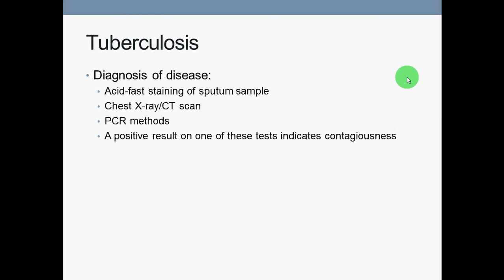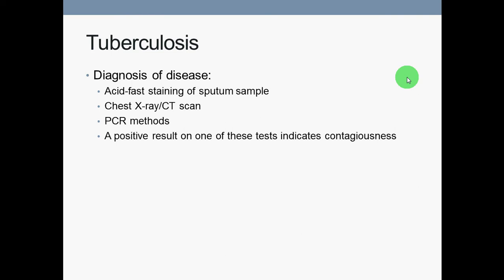In the case of TB, that sputum will contain mycobacterium, and it will also have a distinct appearance if there's active disease present. Another way to diagnose TB, usually done in conjunction with the acid-fast staining, is a chest x-ray and CT scan to look for abnormalities. There are distinct abnormalities that doctors look for with TB.